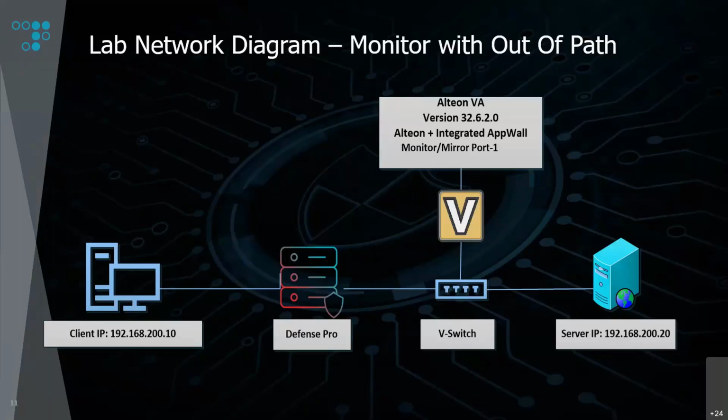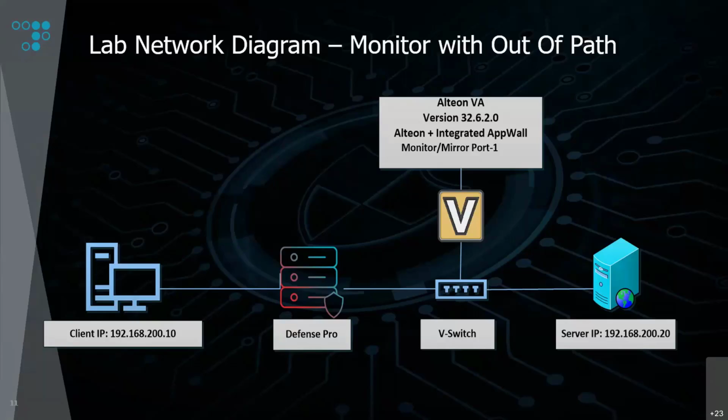We have the same features, same policy configuration, auto configuration, manual configuration. The same configuration can be done in out of path in mirror mode. This also has the ability to block the malicious source IP with defense messaging to a DefensePro deployed at the perimeter level.